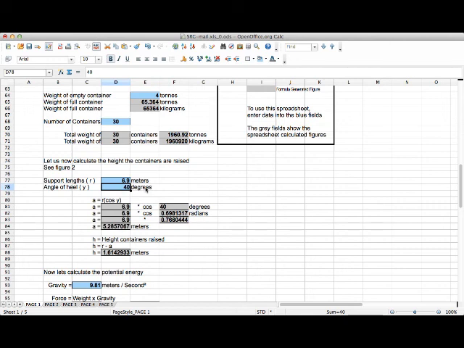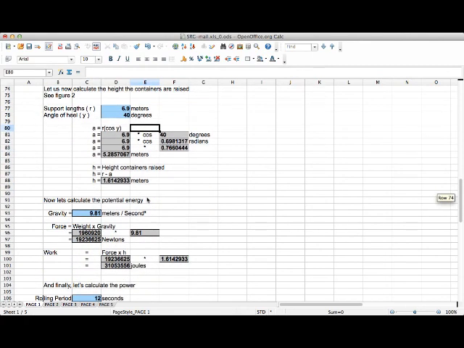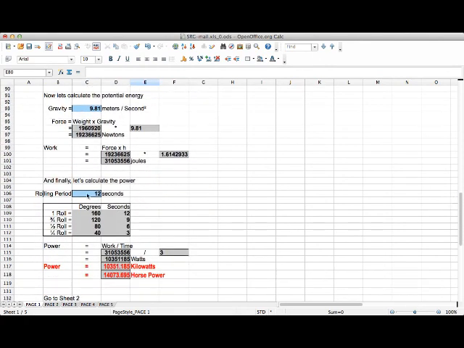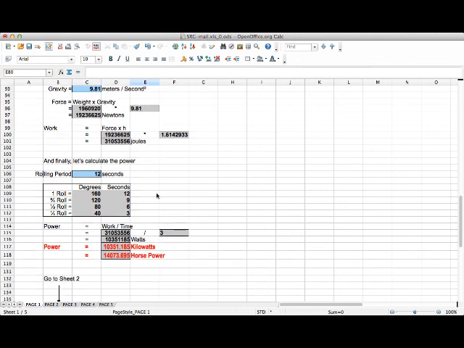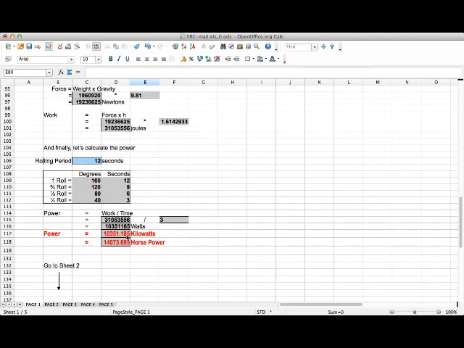Probably sounds quite a lot, but as I said, if we can get the ship synchronized with the waves, we could really get it to roll a lot. Further down here, I have how long it takes the ship to complete one roll. And if I take all that into consideration, I could produce 10,000 kilowatts, which is 10 megawatts.